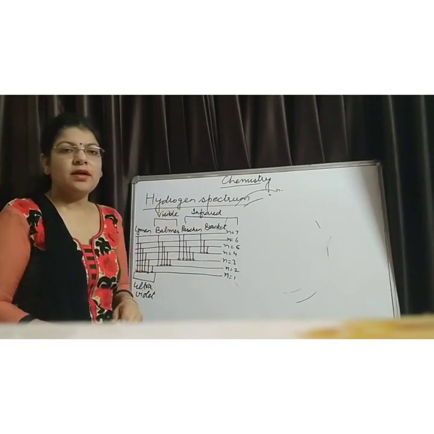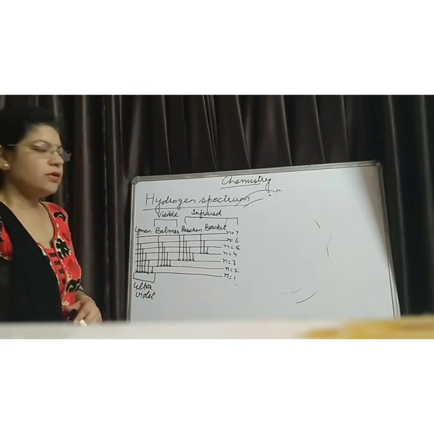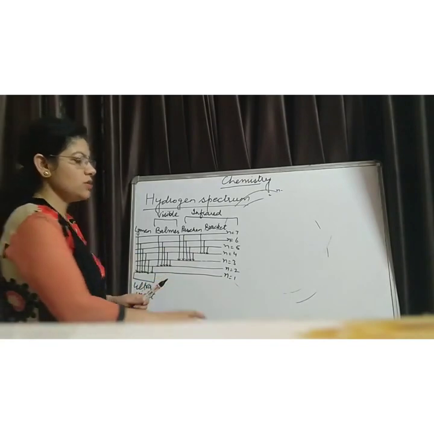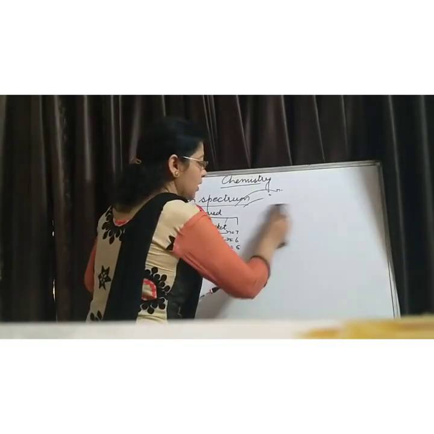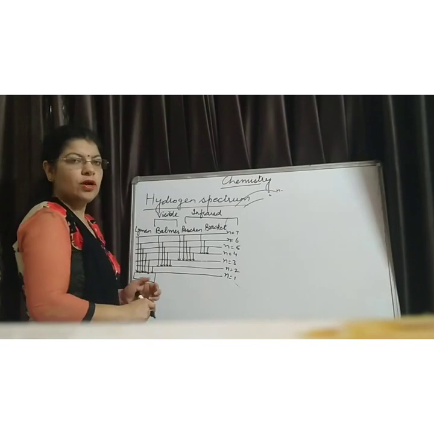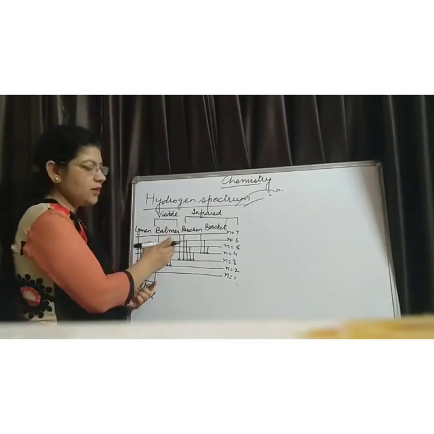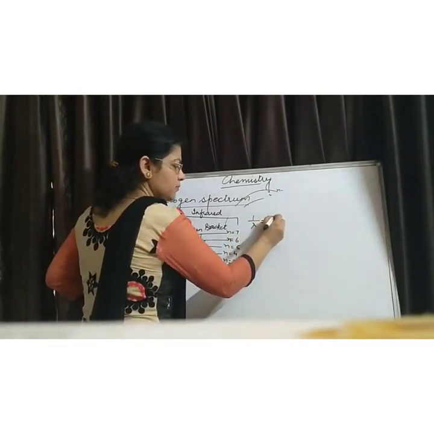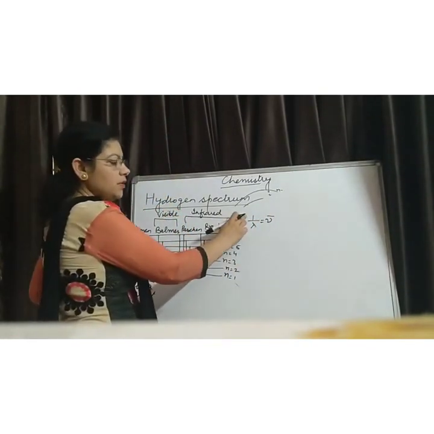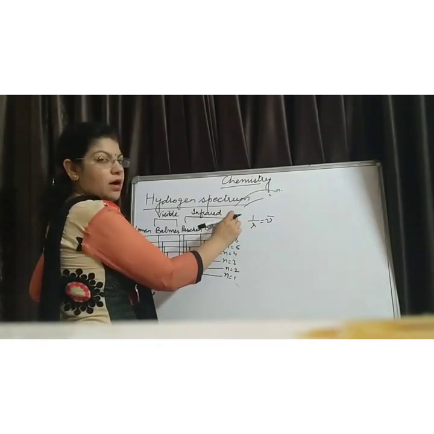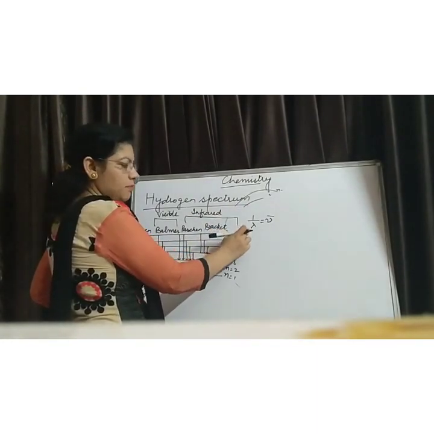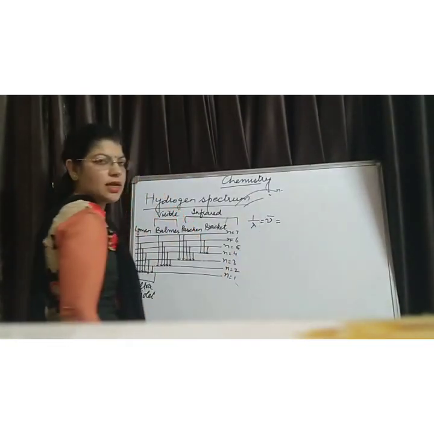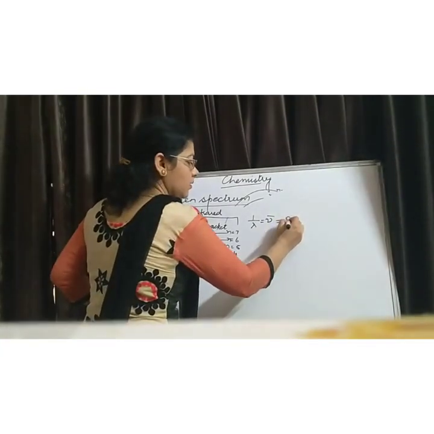One more thing, in the hydrogen spectrum we can also calculate the wavelength as well as the wave number of the radiations by a formula. The wave number of radiations is 1 by lambda, or nu bar, and it is calculated as RH.